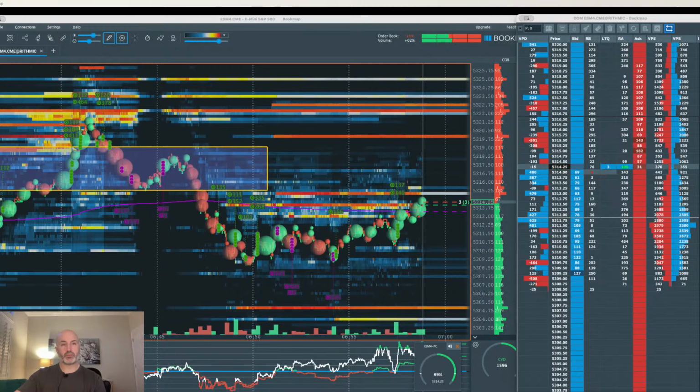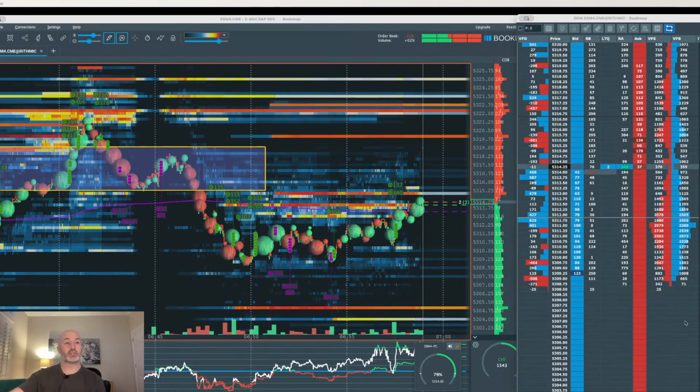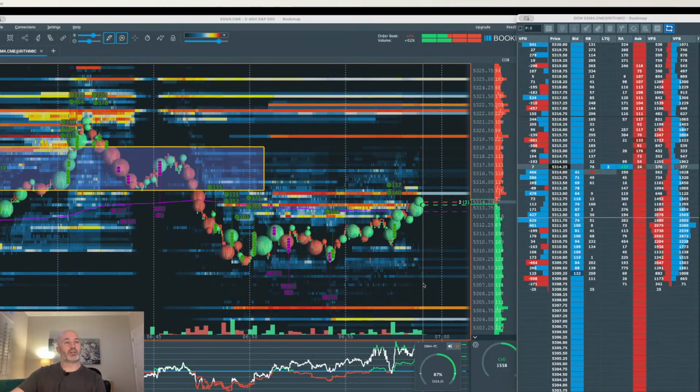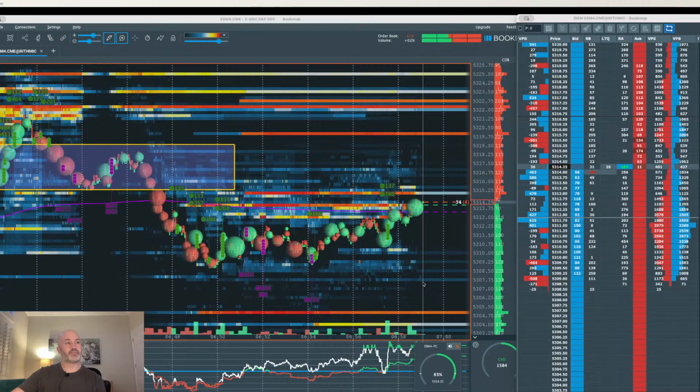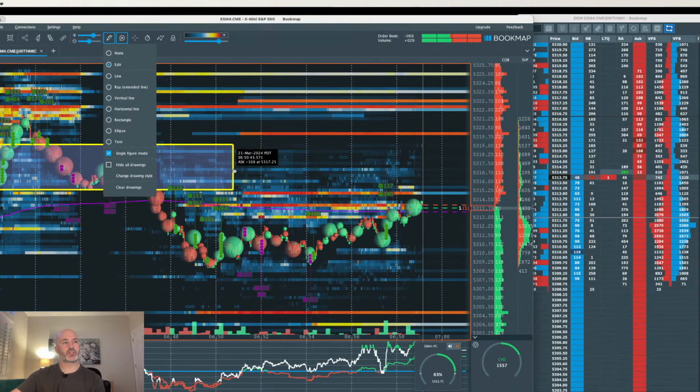Buyers are still pushing, but they're not getting rewarded strongly because you have all this effort. They're climbing up the mountain here, but there's a lot of sellers sitting on the other side of the book here as well.